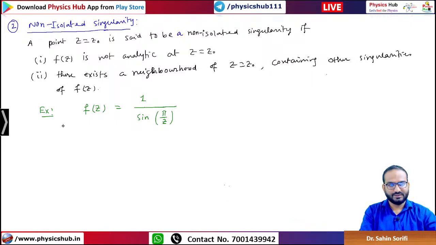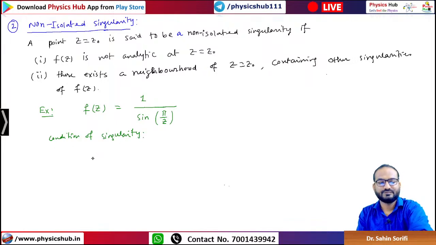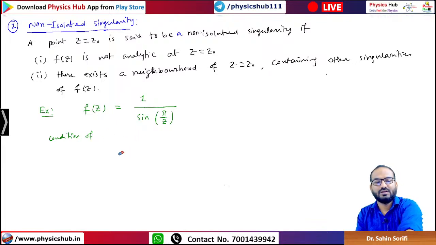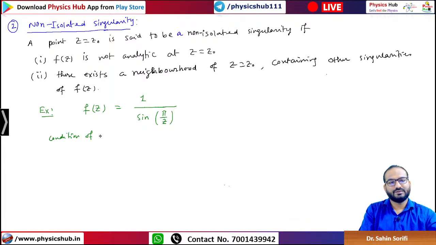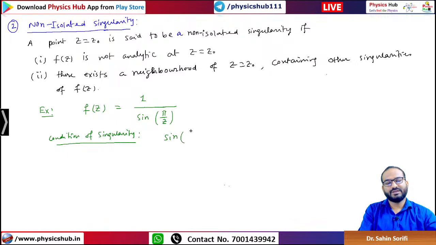For this case, what is the condition of singularity? So you know the meaning of isolated and non-isolated, right? Isolated means you are alone. Non-isolated means in addition to you there will be someone else also. Condition of singularity, you set the denominator equals to 0.